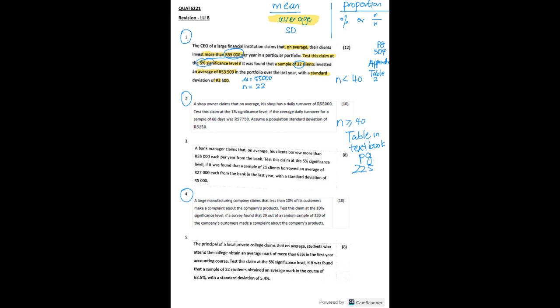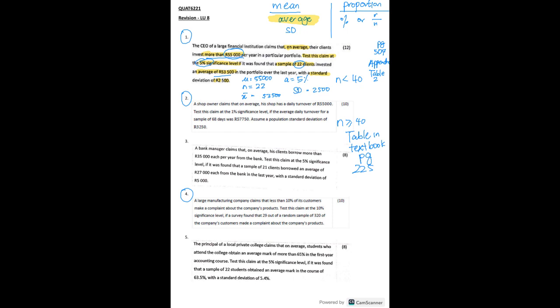Your significance level, which is denoted by the symbol A, is 5%. Your sample mean X bar is 53,500. And your standard deviation is 2,500. I'm just going to write SD for standard deviation.